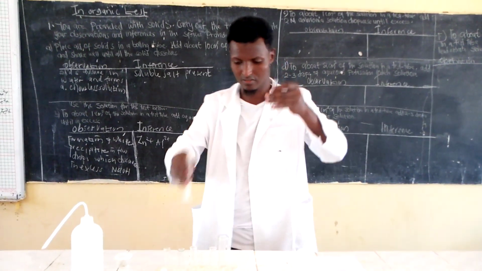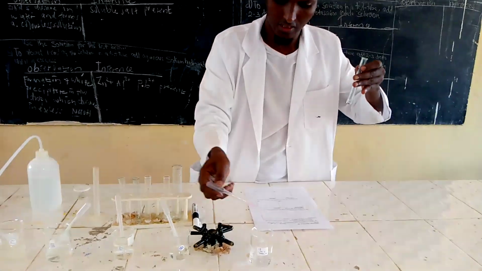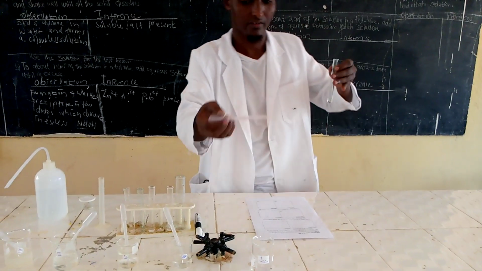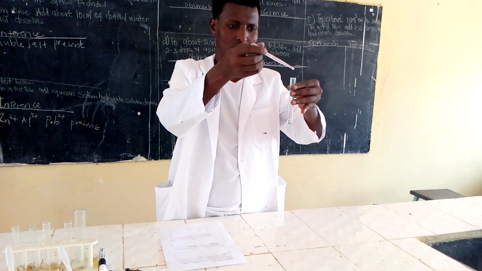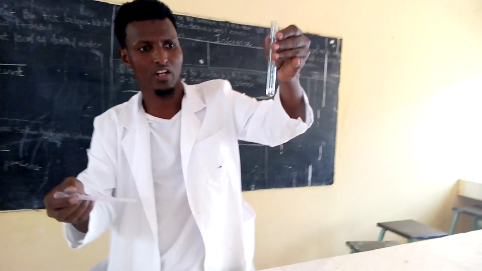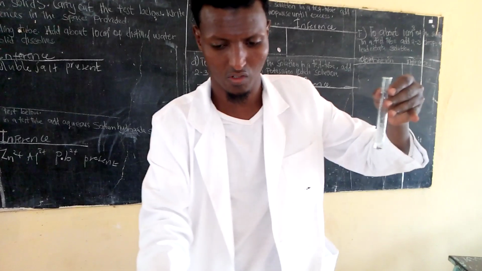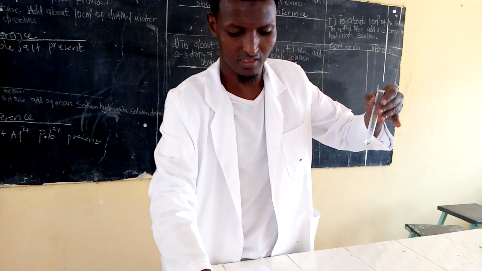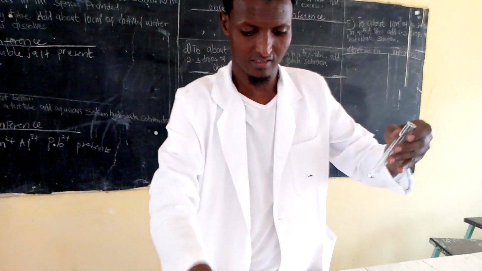So that's the one. It means add ammonia. Ammonia is here. Let's add, 1, 2, 3 drops. So you see now white precipitate, formation of white precipitate. Let's see if it dissolves in excess. Let's add in excess.